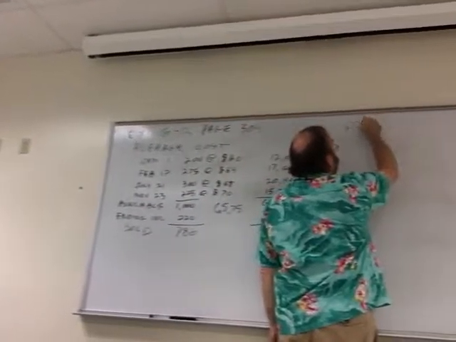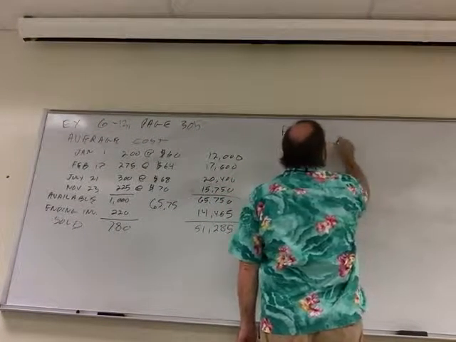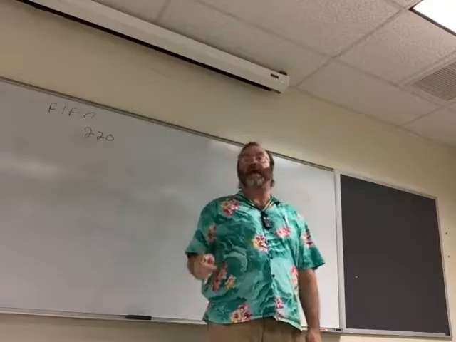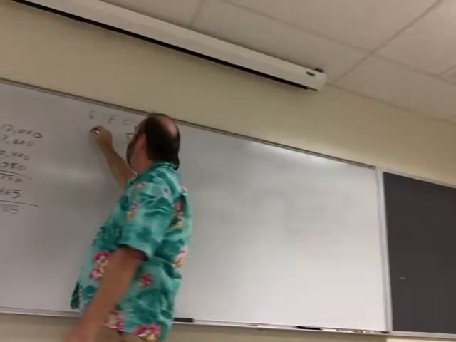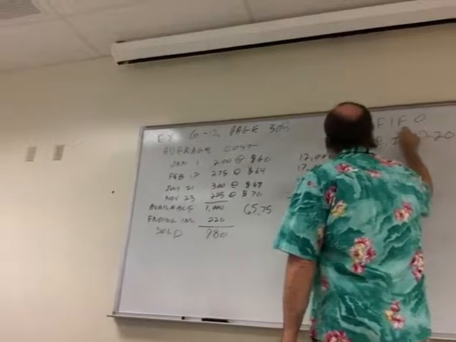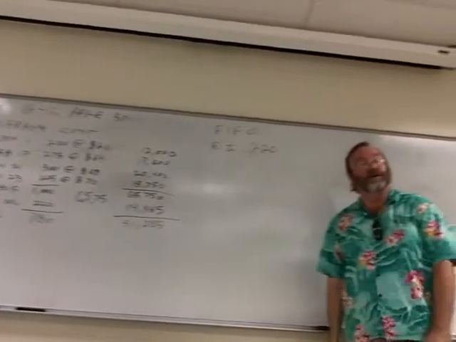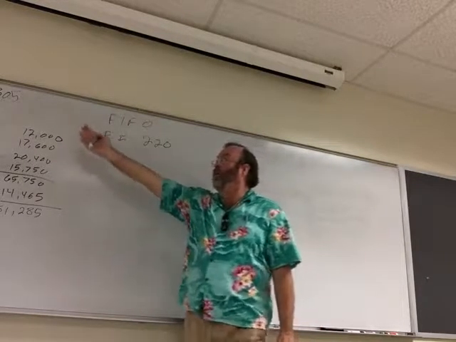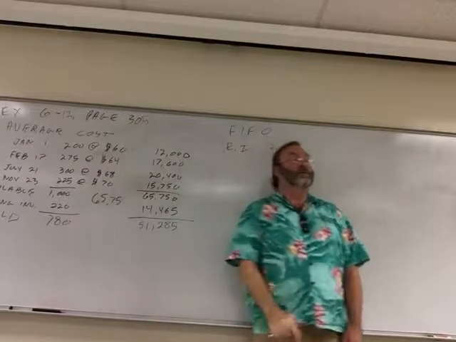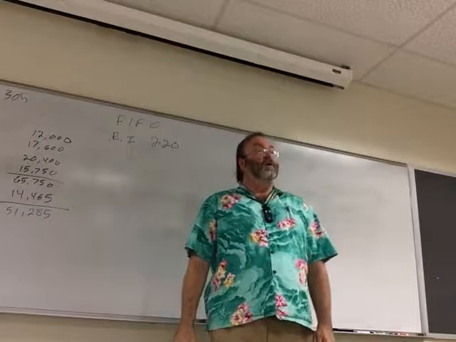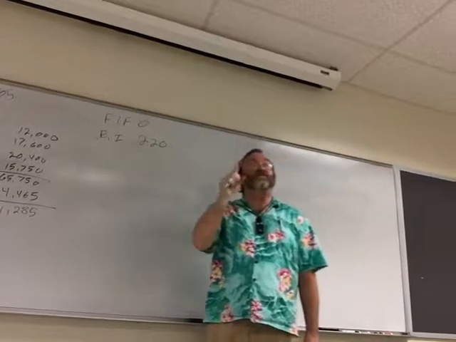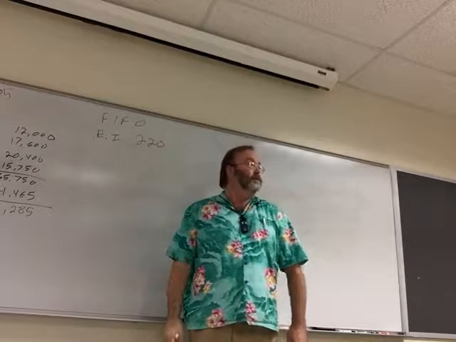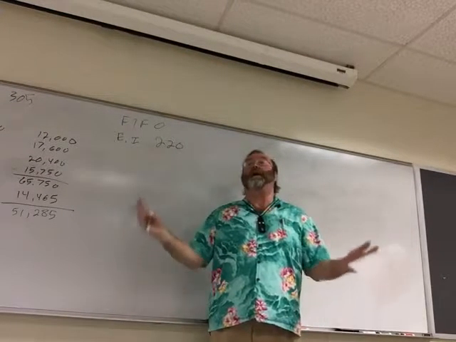So what about FIFO? We have 220 units in stock. Under first in, first out, this is ending inventory. Which 220 units are they from this table? Under FIFO, what did we do with the January units? Sold them. They came out of the candy machine. What do we have left?